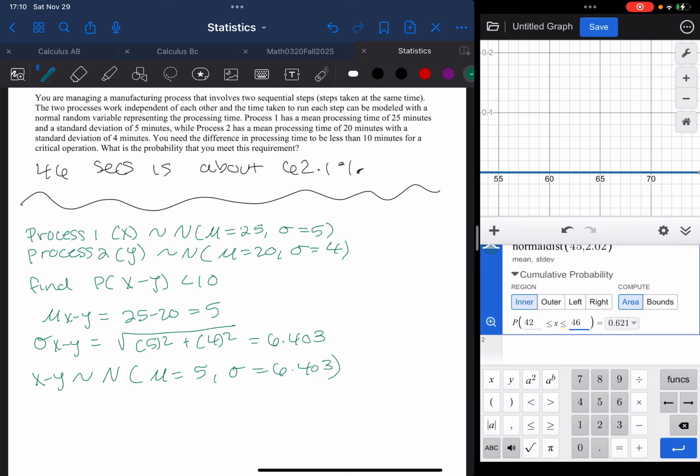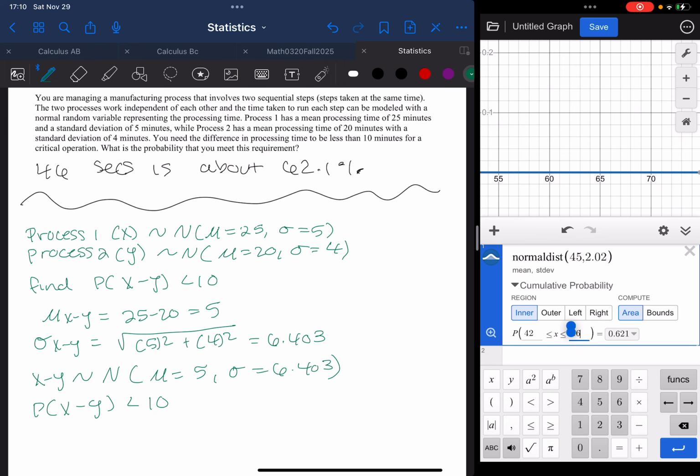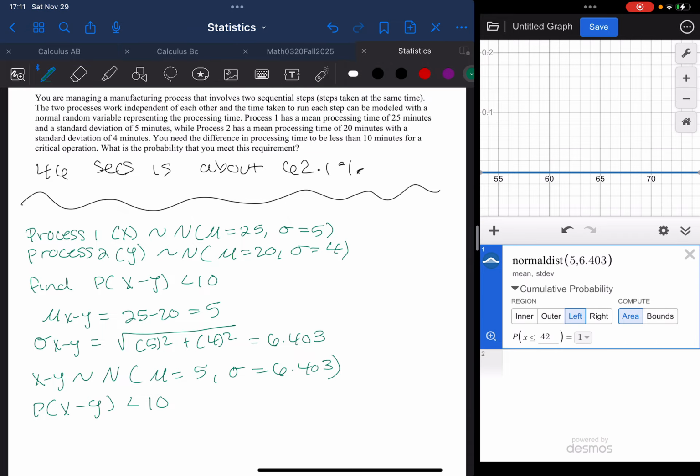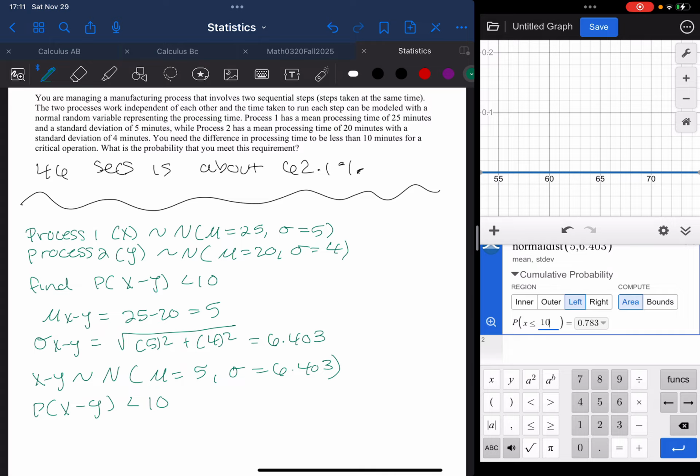And since we're trying to find the probability that x minus y is less than 10, I'm going to go over here and change my normal distribution to have the correct numbers, so 5 and 6.403, and I'm going to do less than, so that's going to be the left region, 10.